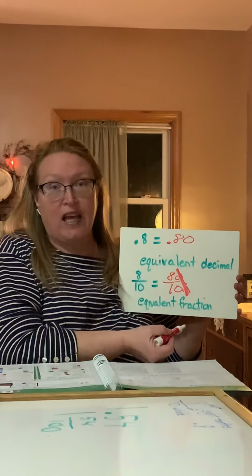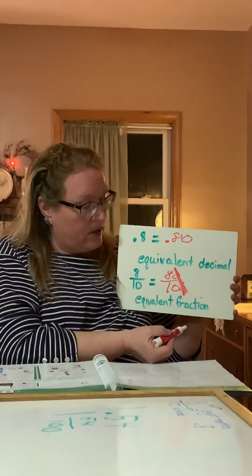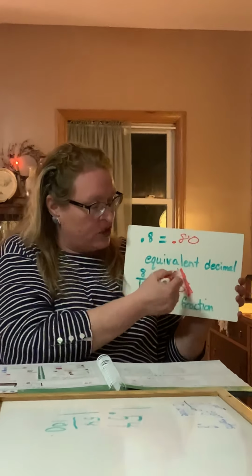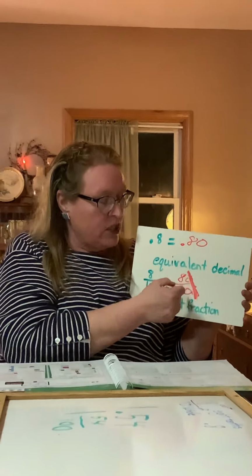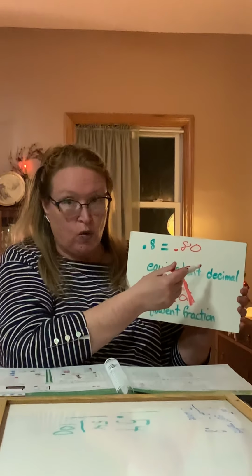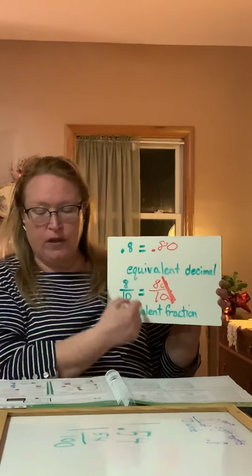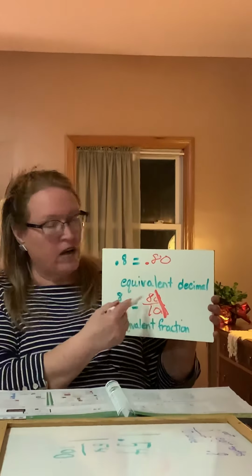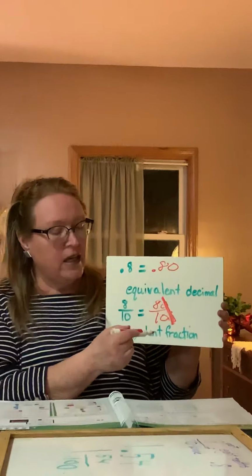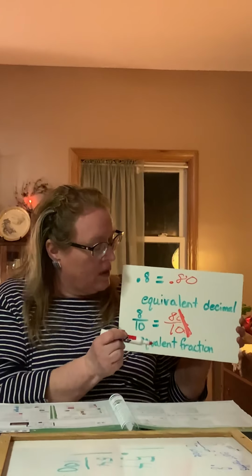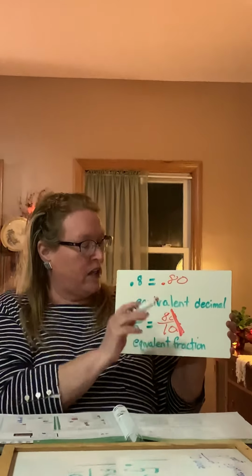I still get 8/10. So equivalent fractions and equivalent decimals just mean they're the same value, but they look different. So what I need you to realize is that you can make numbers equivalent just by adding zeros.